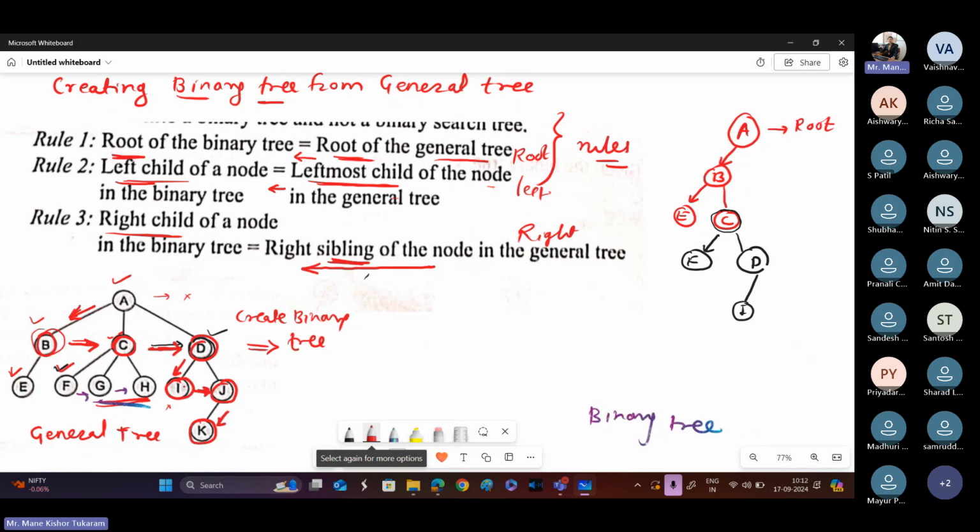So after I, it will take on to the J and J to the K. Okay.